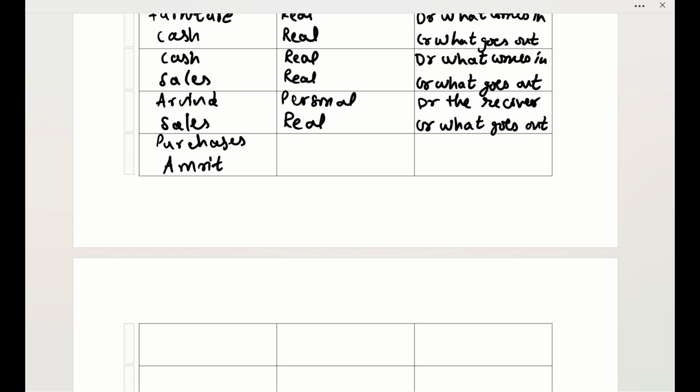Purchases is a real account, Amrit is a personal account. Here debit what comes in. Here credit the giver.